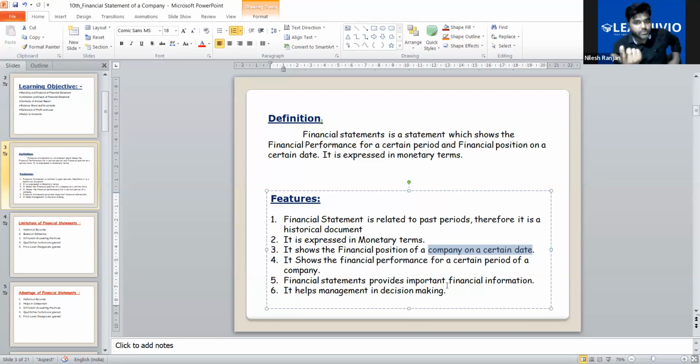Like profitability of business, solvency of business, cash position in the business, assets we have, liabilities we have to pay. All this information we can get from the financial statement. So these statements will help us in decisions. So number 5 and number 6 point is this. Tell me if you have any doubt.